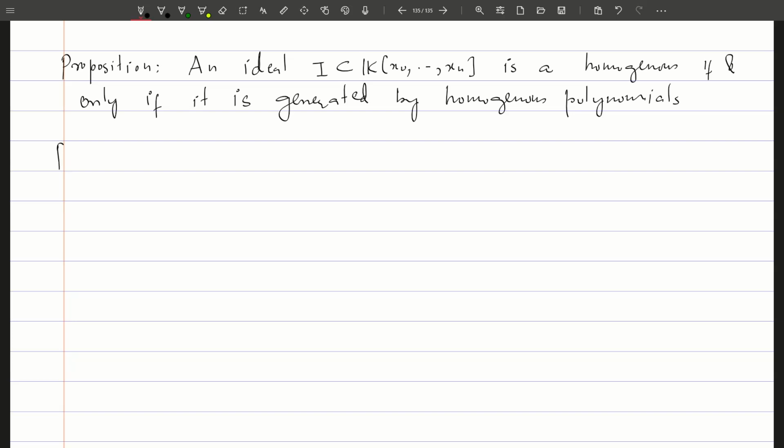So let us prove this. First assume that I is homogeneous.